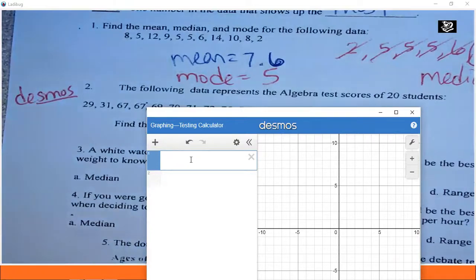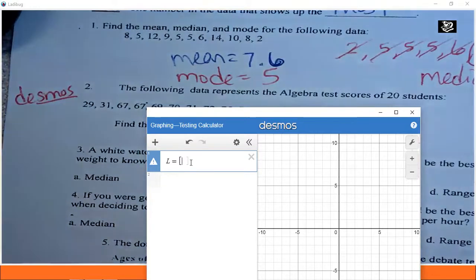L stands for a list. We have a list of numbers. Type L equals, and then you have to use a bracket. It's near the P.